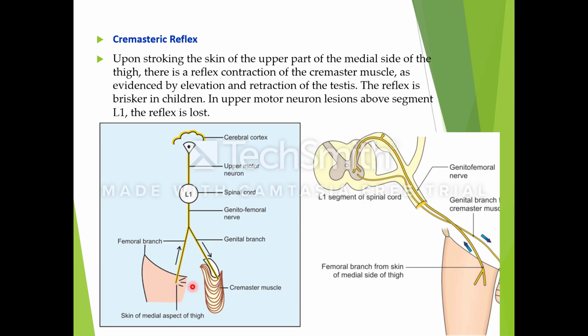Here we will stroke the skin. There will be reflex contraction of the cremaster muscle, as evidenced by the elevation and retraction of the testes. This reflex is very brisk in children. In upper motor neuron lesion, this reflex is lost due to L1.